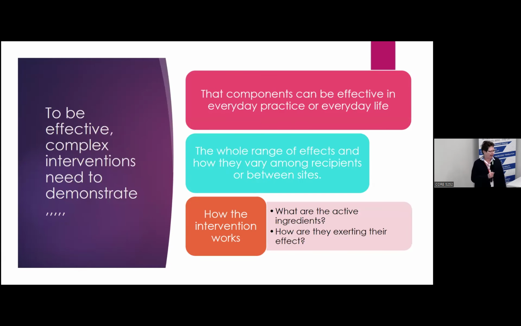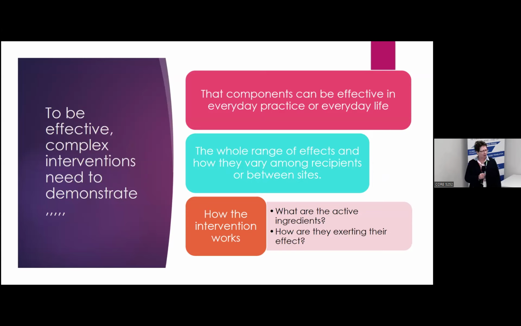So to be effective, a complex intervention has to demonstrate that the components can be effective in everyday life. These are not interventions that are done in a petri dish or in a lab. You need to demonstrate their everyday life effectiveness. The whole range of effects of your intervention and how they may vary among recipients or between sites need to be shown.